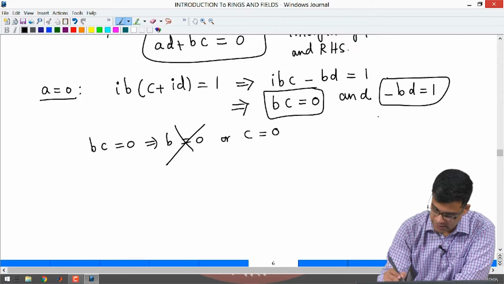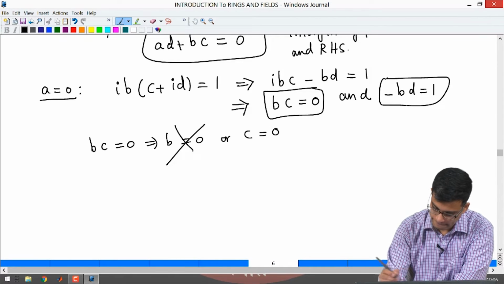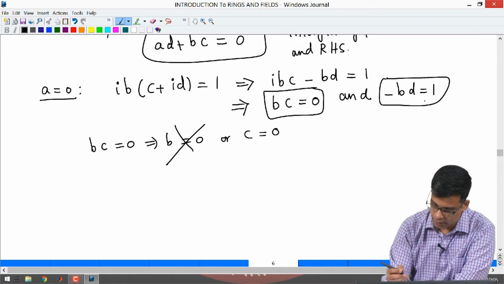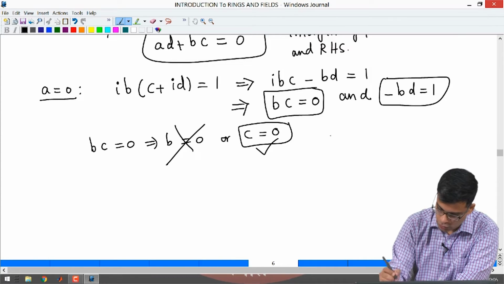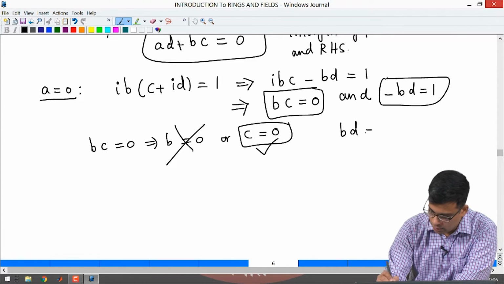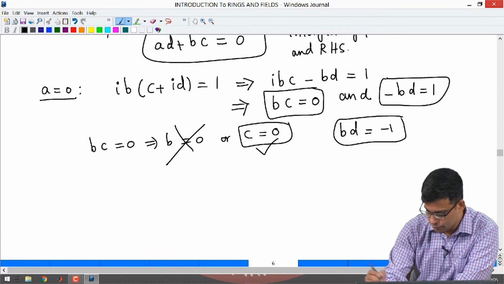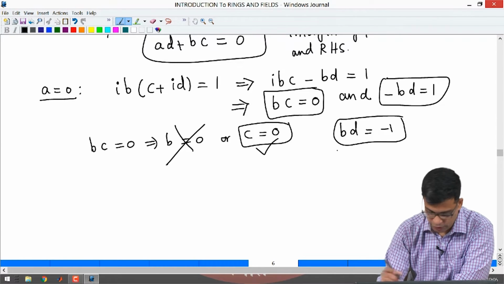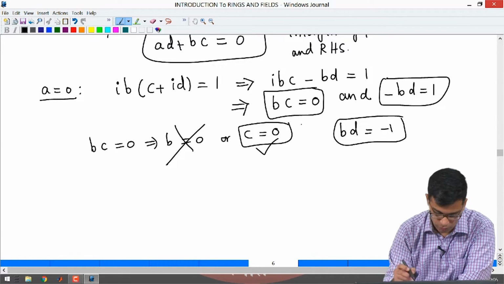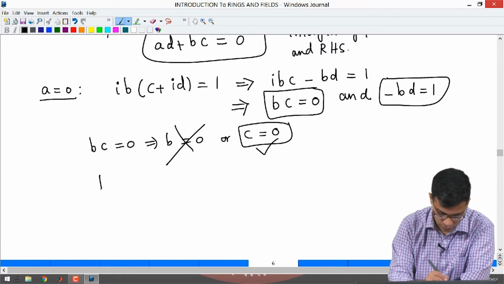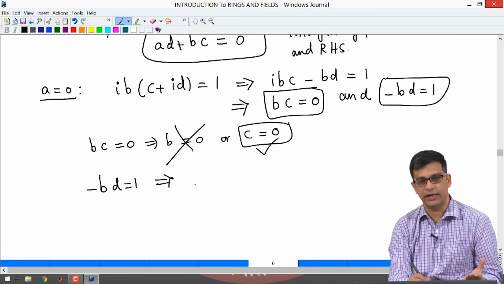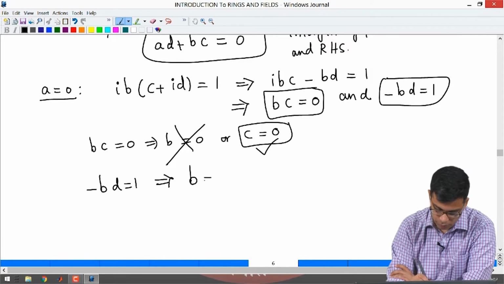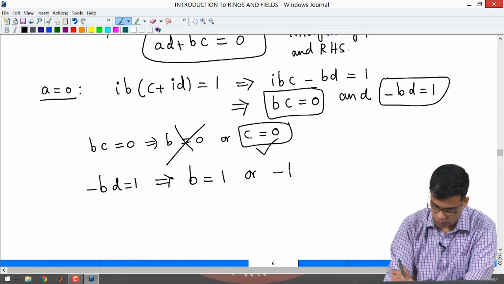So, what we have is, and BD is also, so actually this must happen, and also BD is minus 1. That means actually we do not need C is 0, but anyway I wrote that. Let us use this, minus BD is 1, this implies, see B and D are integers, right. BD is 1 means B is 1 or minus 1.